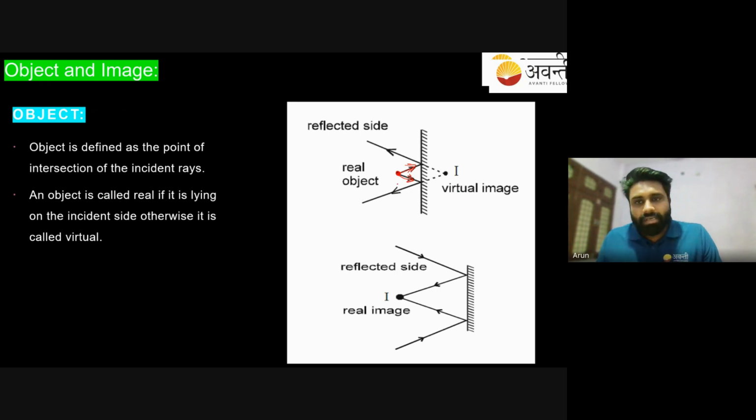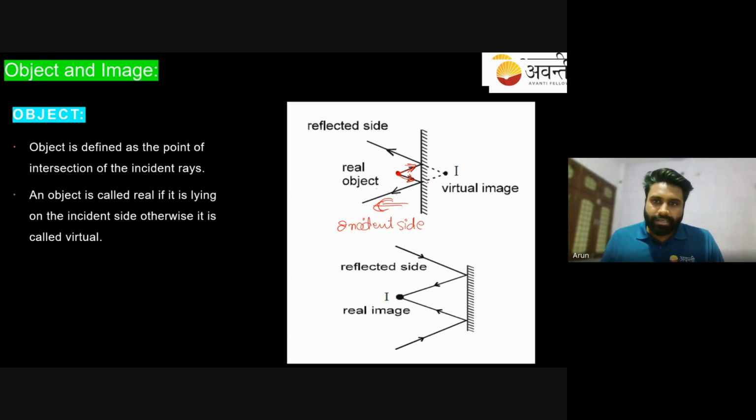I have said you will always say this side of the plane mirror is called the incident side. So if any object is lying on the incident side, it will be a real object. Or a virtual image, I will tell you what virtual images are.